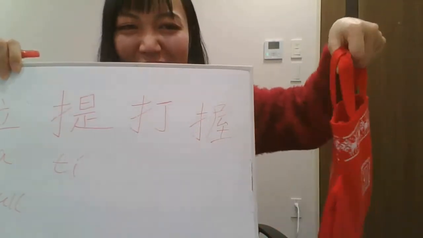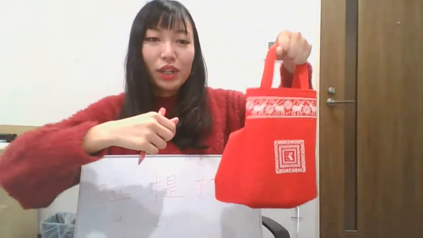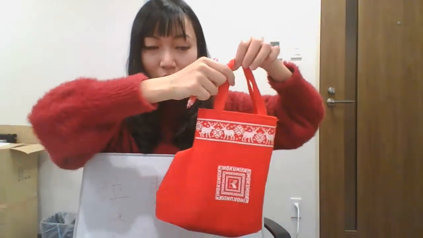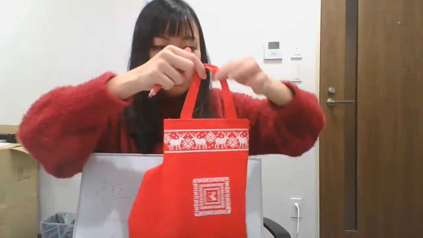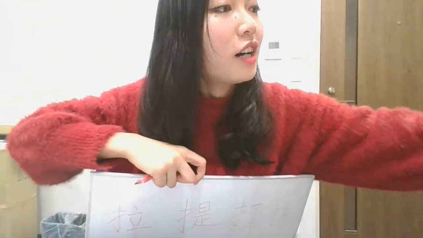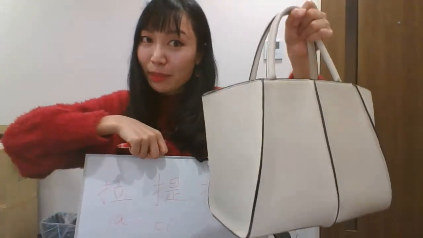It's like taking or holding, but what's the difference from normal holding? When you want to use 提, you have to have this part, the handle. So this is my bag, so this is 提包.